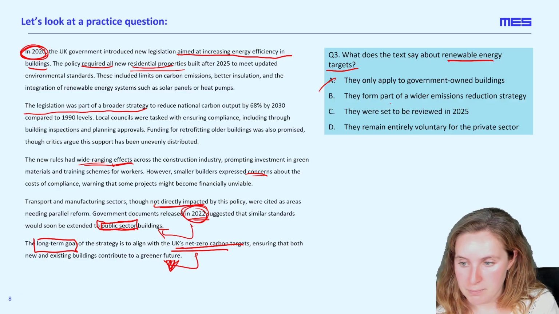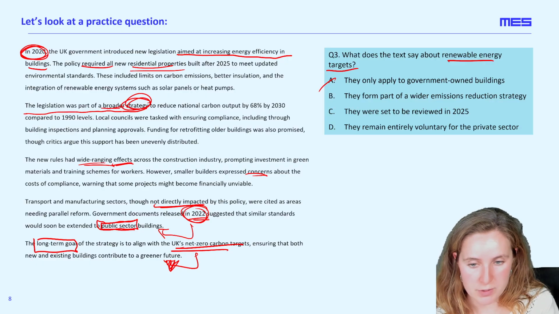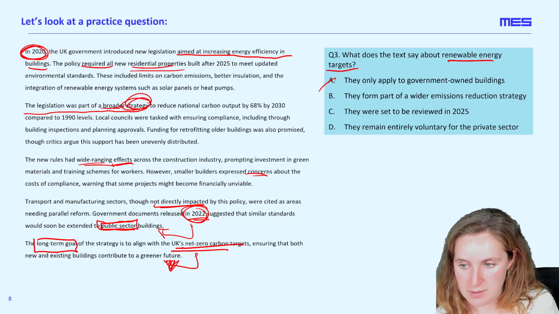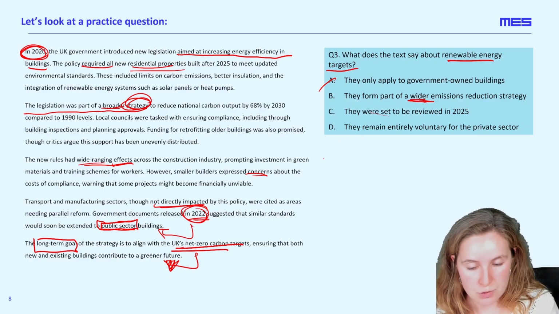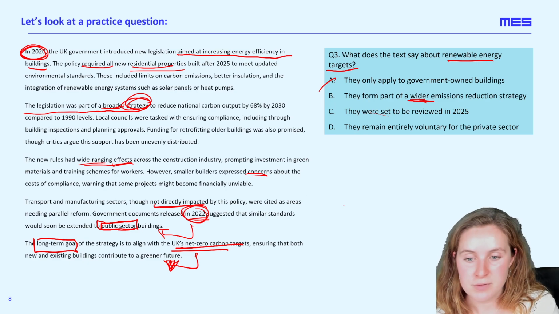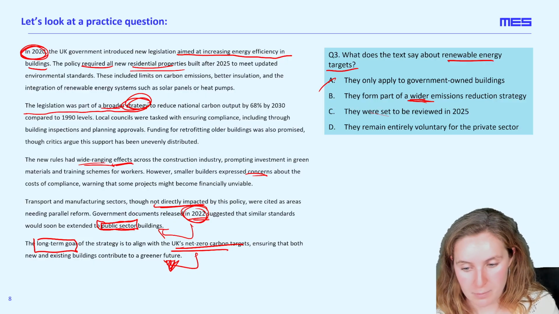B, they only form part of a wider emissions reduction strategy. That seems right. We've looked for strategy, we found it, and this part of a broader strategy. Broader and wider are synonyms, so that makes sense to guide us towards that moment. And it's true, right? This renewable energy target is part of fitting into the carbon output and net zero carbon targets that were mentioned in the second and final paragraph.